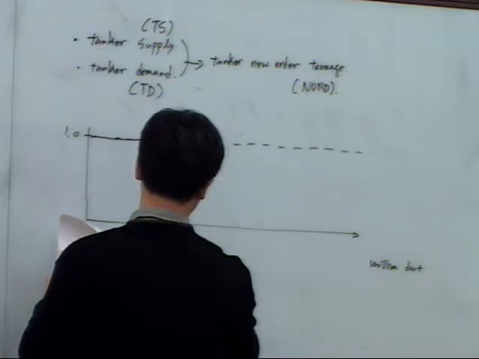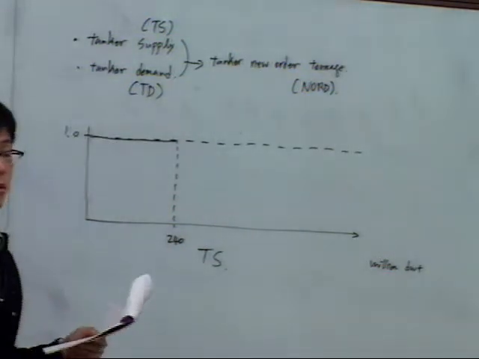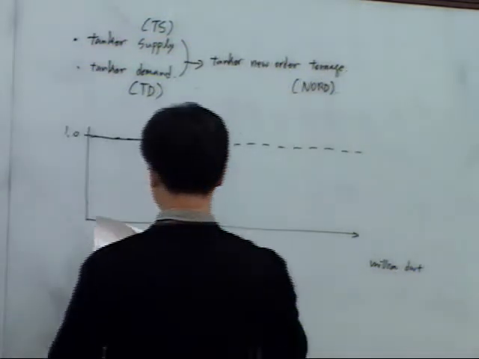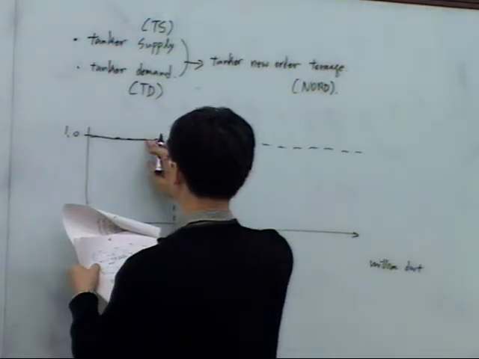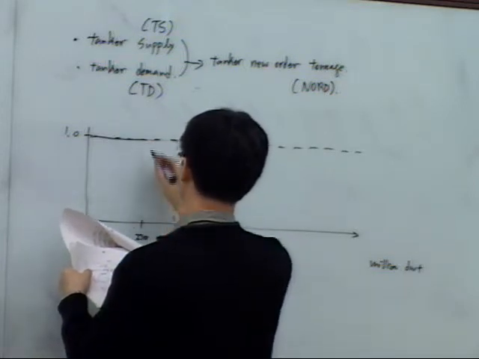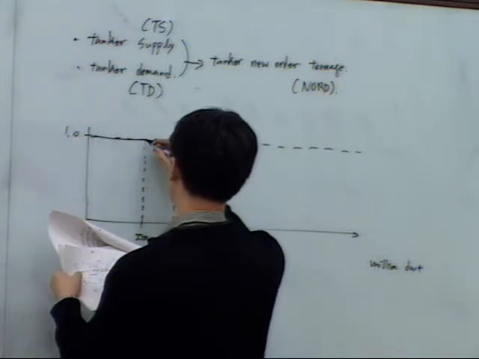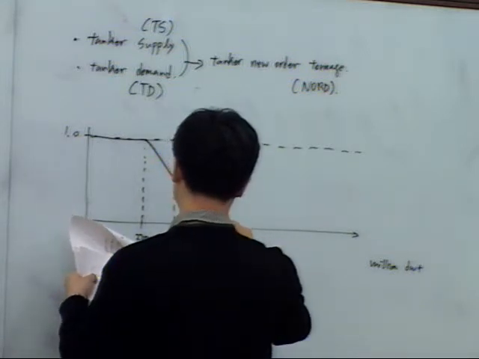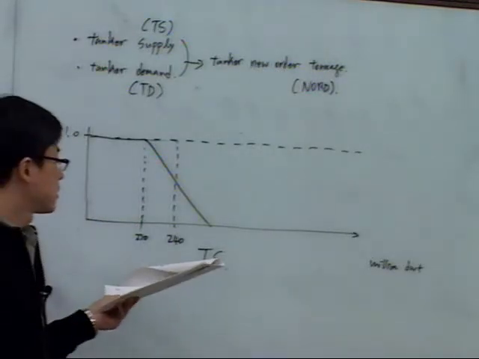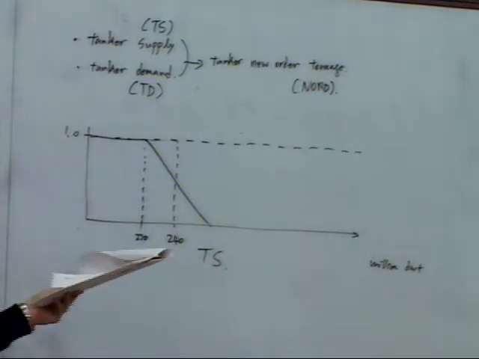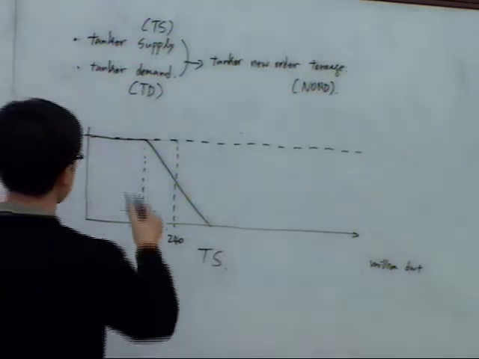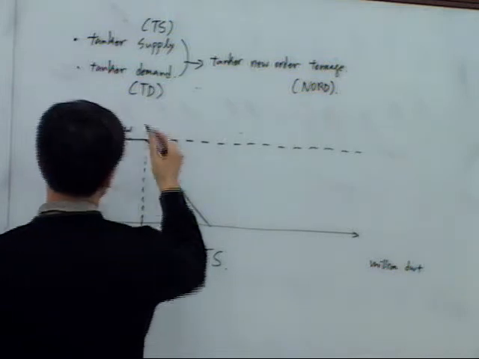So based on this information, we make our membership functions like this. We define this: if the tanker supply is less than 203 million deadweight, then we definitely can tell this is low supply.